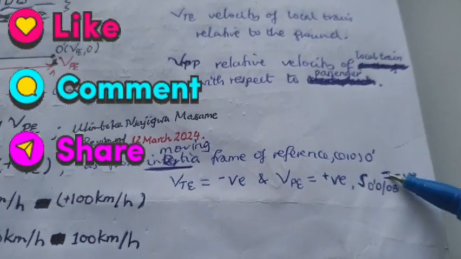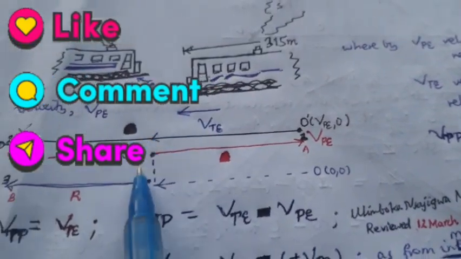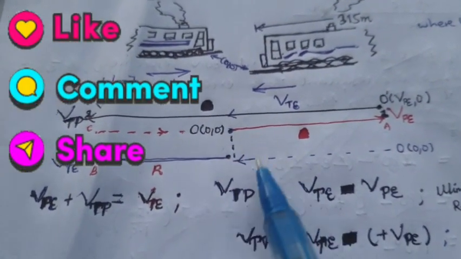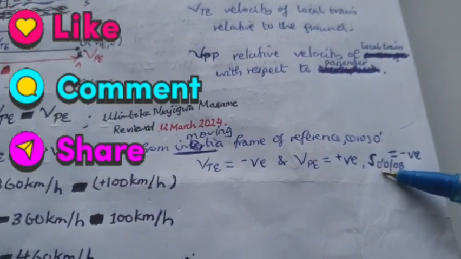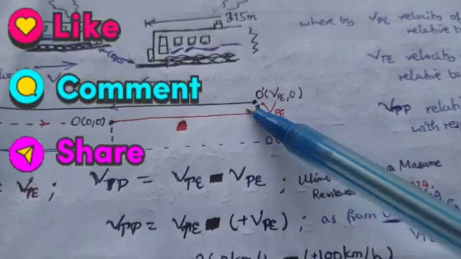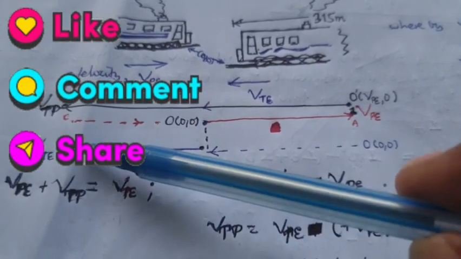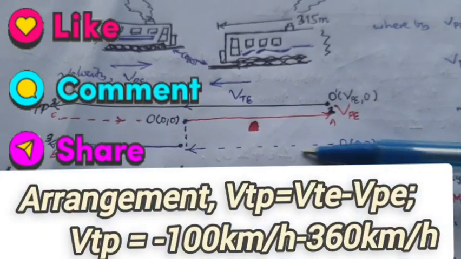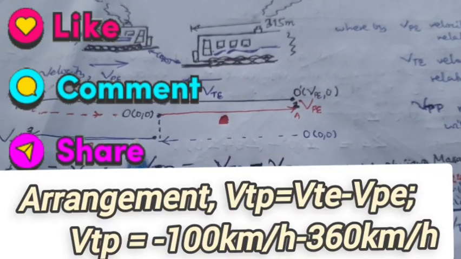And the displacement of this train, which is equal to the length of the local train, is towards the left also. That's why the displacement is recorded by this moving observer from O dash to O.